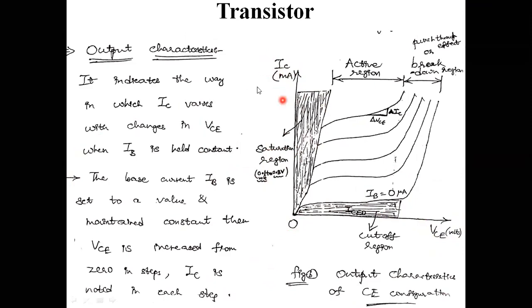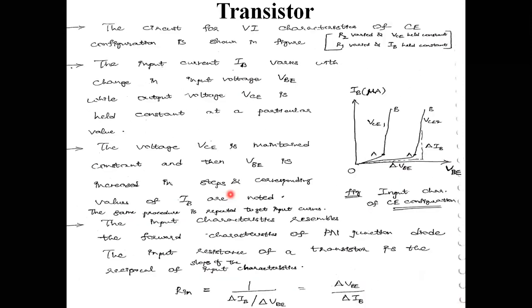By considering these two parameters, I obtain R naught here. Similarly, in input characteristics, input resistance can be obtained from the VBE value as well as the IB value. Input resistance is given by the change in VBE as well as the change in IB, by setting the constant parameter VCE.